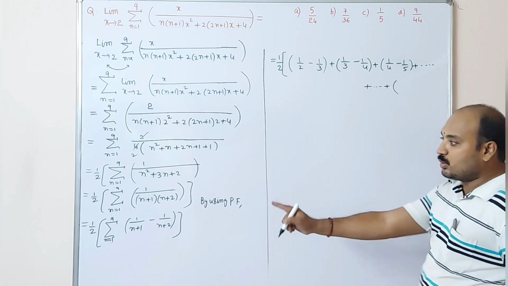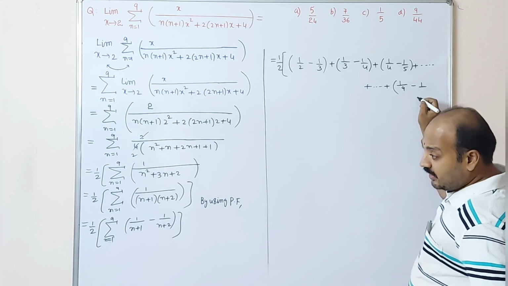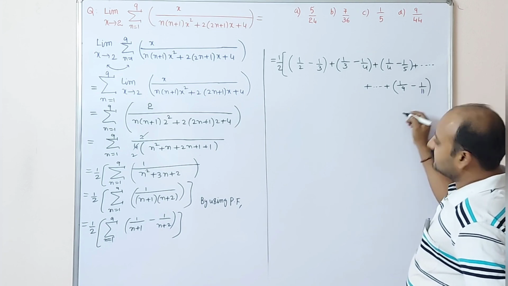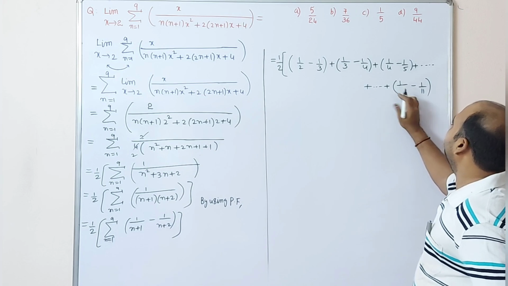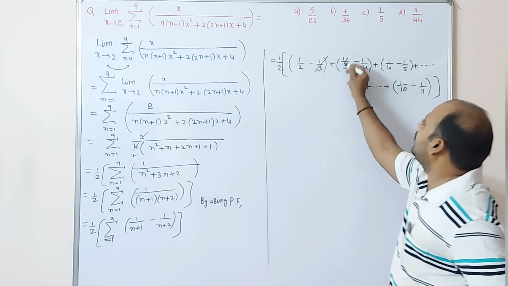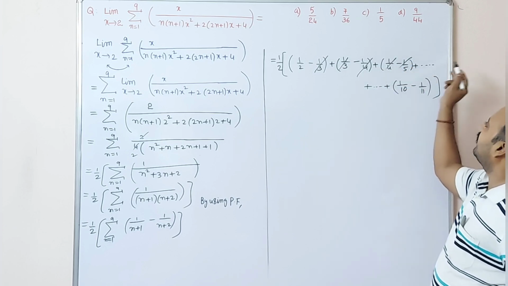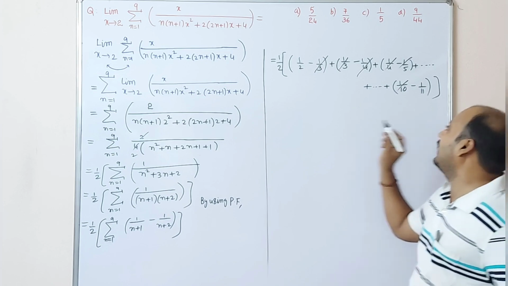N is equal to 9, last term, 1 by 10 minus 1 by 11. Sorry, here 9 plus 1 is 10. So we will simplify. Here minus 1 by 3 plus 1 by 3, minus 1 by 4 plus 1 by 4. Like this, all minus 1 by 5 and so on. So till 1 by 10 will be cancelled.